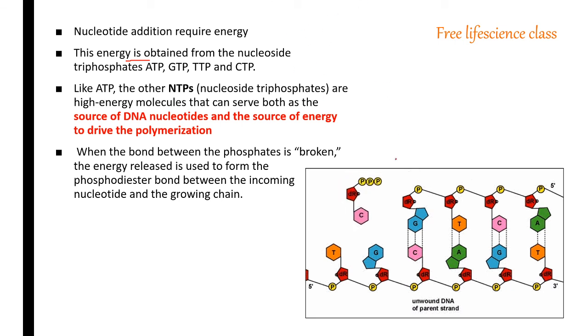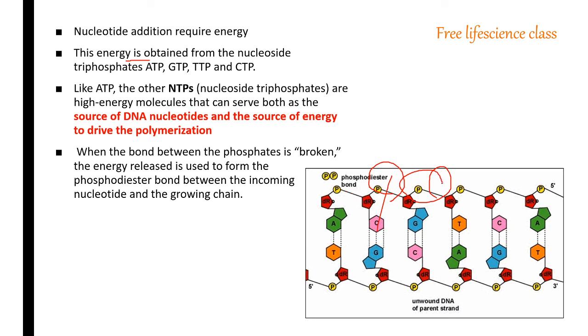When this nucleotide comes here, it has 3 phosphate molecules, and this cleavage will provide energy, and only 1 phosphate is added in between every nucleotide.